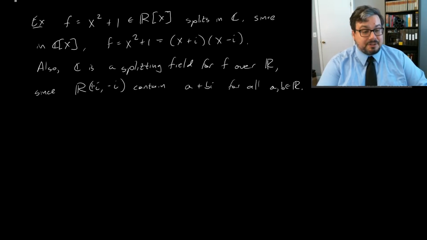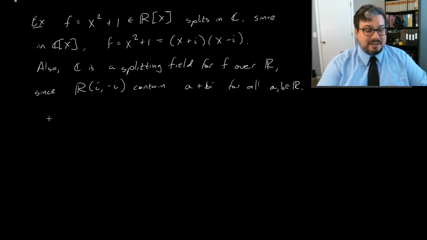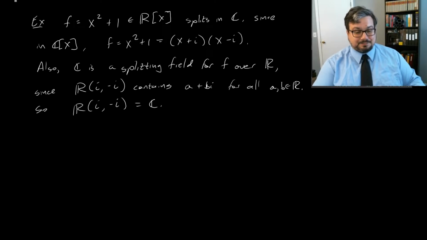It has to be a field, and so it has to be closed under addition and multiplication, and it has to contain i, which means that it has to contain bi, and it has to contain a plus bi for any a and b in R. So this means that R(i, -i) is in fact equal to all of C.